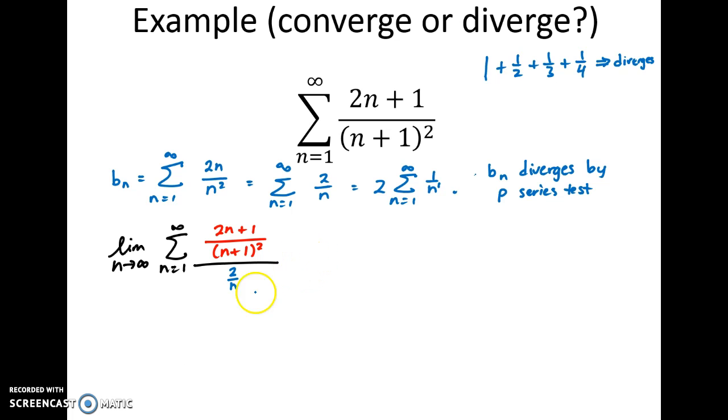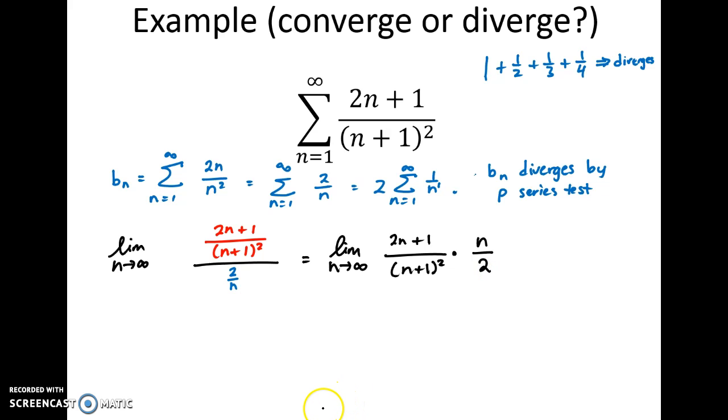So then this will be the same thing as, now I'm going to do a bunch of simplifying, and I'm still kind of thinking end behavior because it is a limit as n goes to infinity. And I should not have done this as a sum. Sorry, I'm just doing the limit of the nth term. Okay. So then I have 2n plus 1 over n plus 1 squared times n over 2.